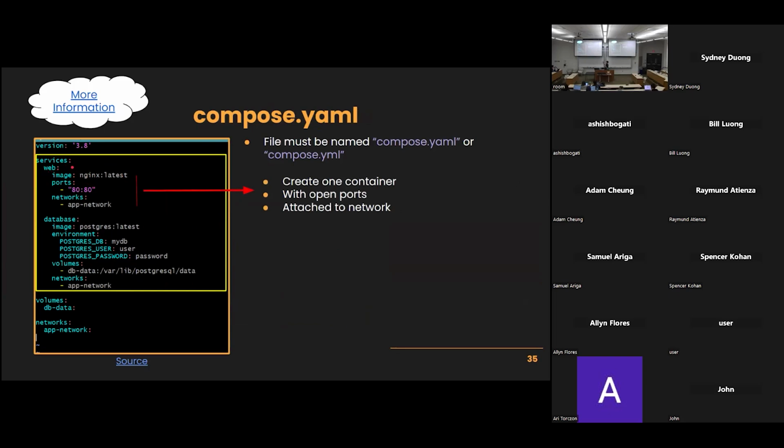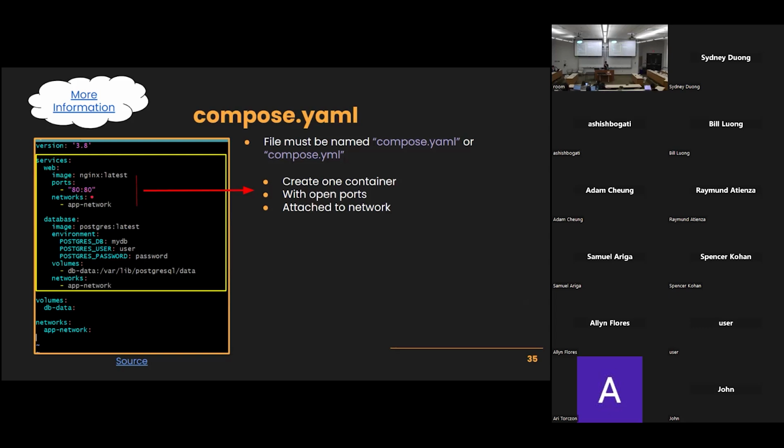You can see there's different configurations that it runs to create that multiple container application. The first one here is services, which just specifies what kind of containers you're gonna run.